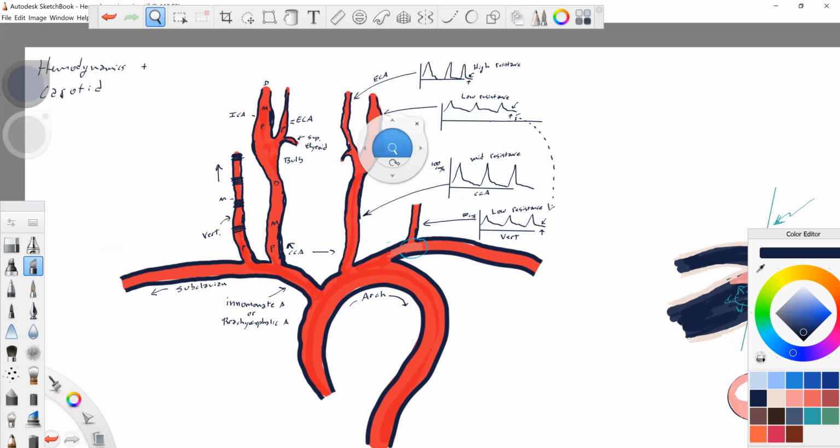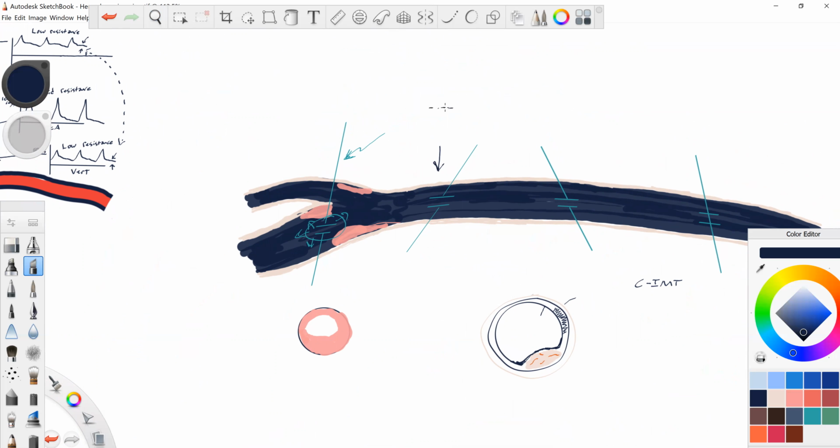Okay. In fact, let's come back to here. The waveform here very well could be, so here's your baseline. And then here, the waveform is pretty much good.